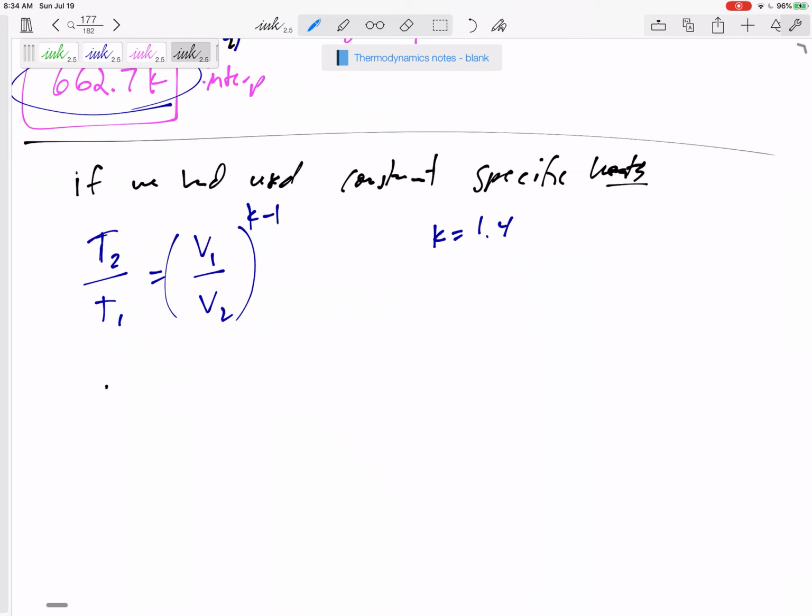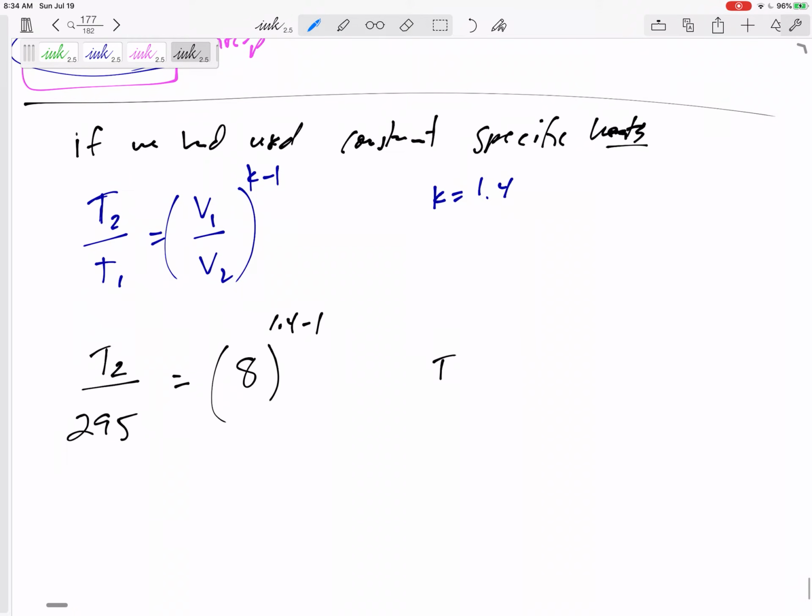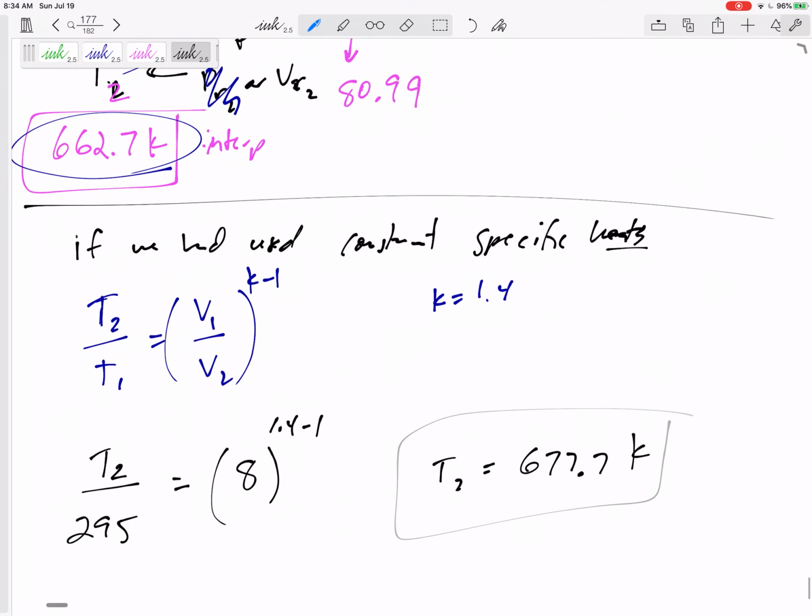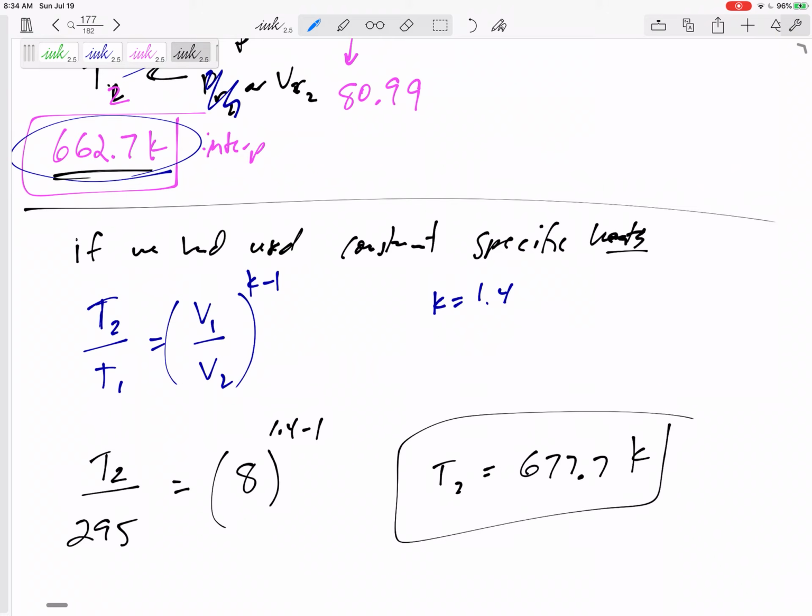So here we go. T2 that I don't know over 295 Kelvin equals this ratio, 8, raised to the 1.4, so raised to the 0.4. I would get a T2 of 677.7 Kelvin, compared to 662.